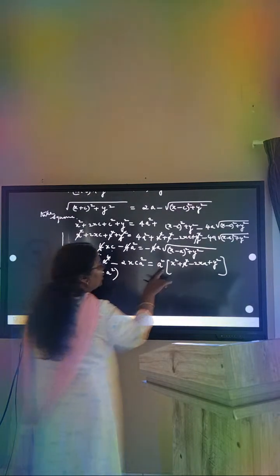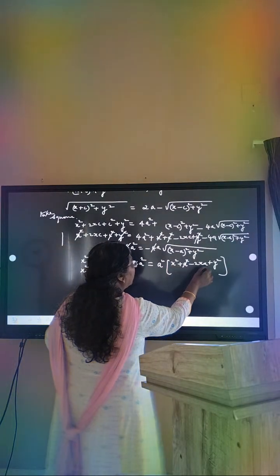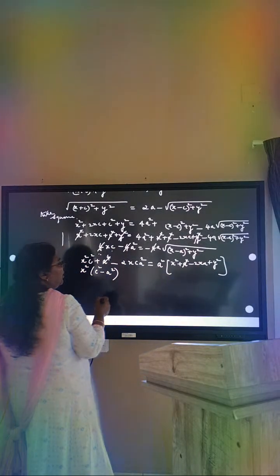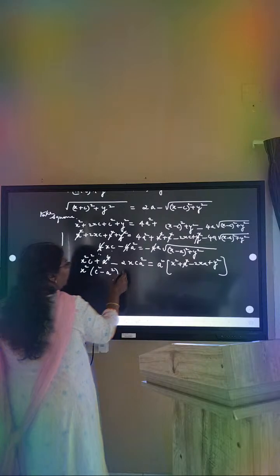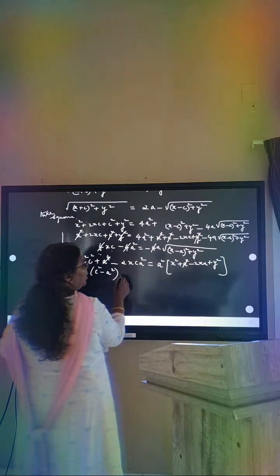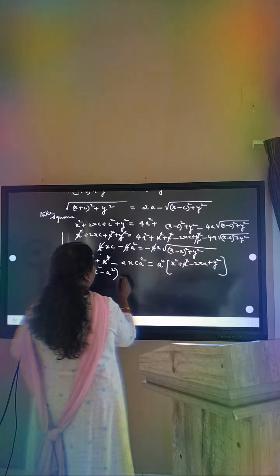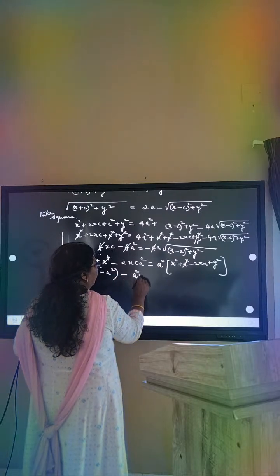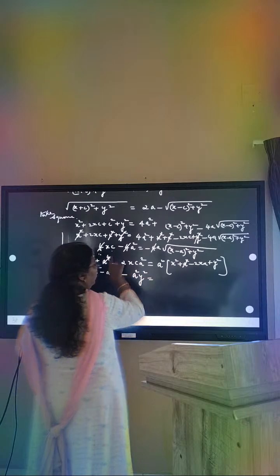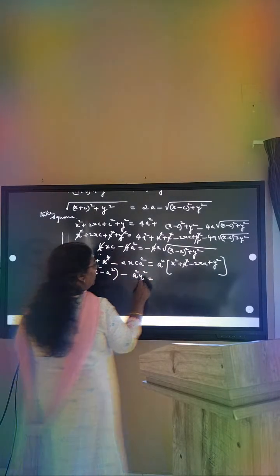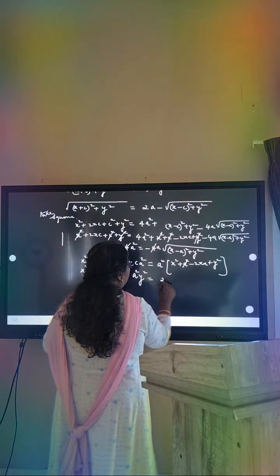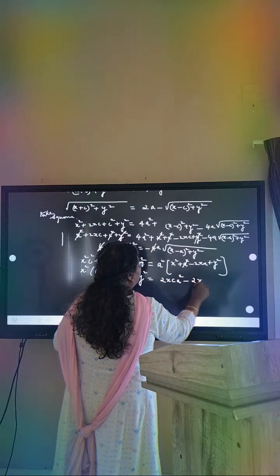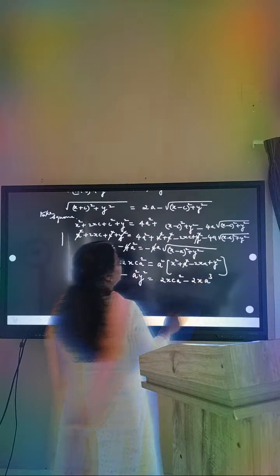Let it be. Taking this into account, you have a square y square, so I can bring a square y square to this side, and it is minus a square y square is equal to, taking 2xc a square to that side, 2xc a square minus 2x a cube.